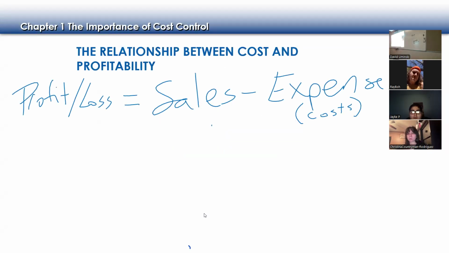The relationship between cost and profitability. We talked last class that the formula for profit or loss is sales minus expenses. Expenses is just another way of saying all of our costs. So what is the relationship between our cost and our profitability?